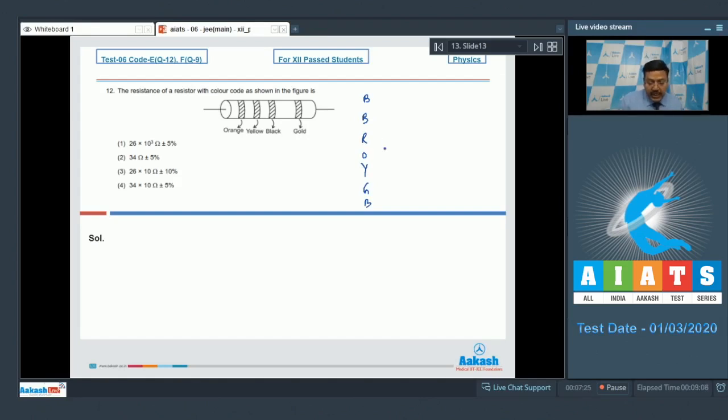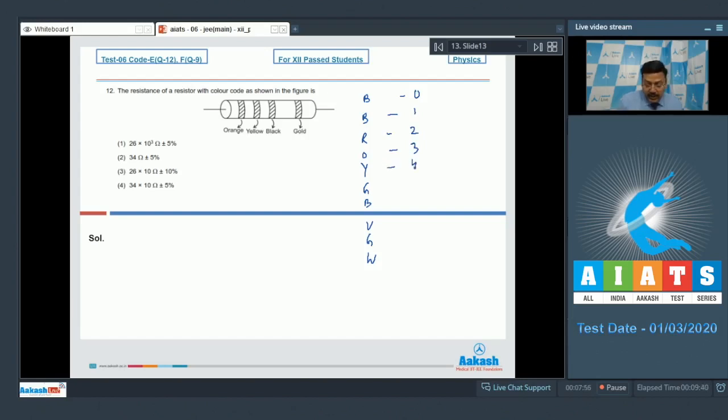So this is BB Roy, Great Britain, and then there is VGW. This is the sequence, and of course we need to know the number associated with each one. Black is 0, blue is 1, for red it is 2, and for orange it is 3.